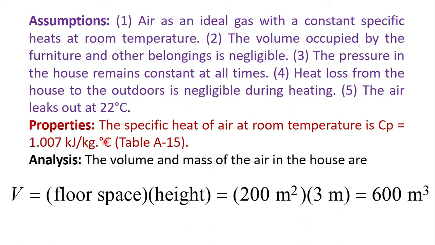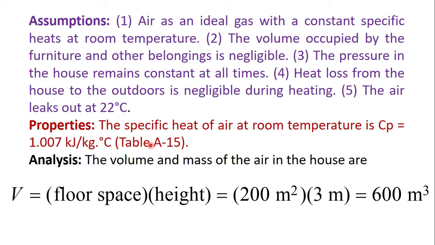So the property that we are going to use in order to solve this problem is the specific heat of the air at room temperature, which is the Cp, the heat capacity at constant pressure, because we are considering the constant pressure of the air inside the house.